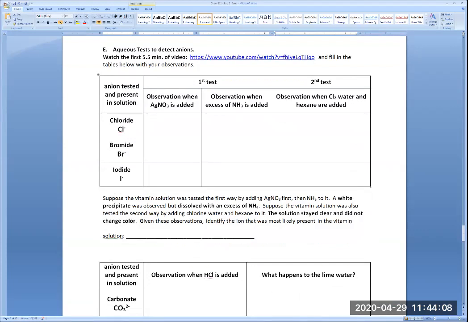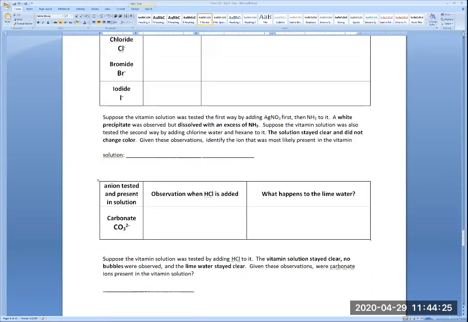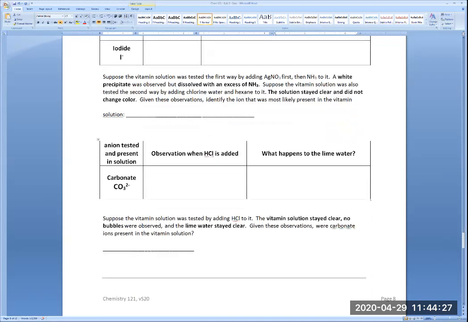And again, you will identify the anion present in the vitamin solution using the observation given here. Only one ion should fit these observations. And same with carbonate. For the carbonate, you need to say if it's present or not.